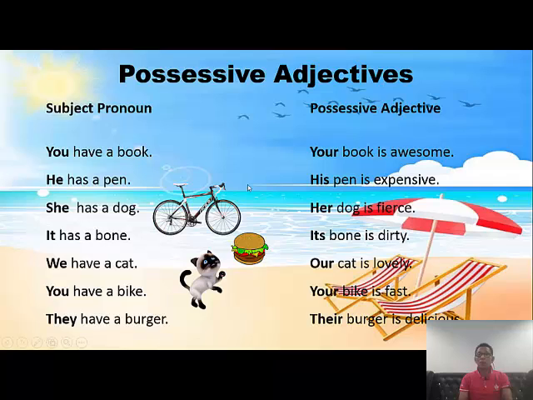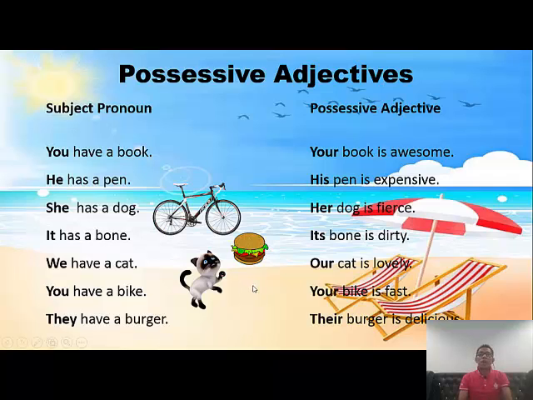He, you have to use his. She, you have to use her. It, you have to use its. We, you have to use our. You, you have to use your. They, you have to use their. Okay, so the possessive adjectives here show the relationship and or the possession of something or someone, so that you can use them properly and accurately in the sentence.